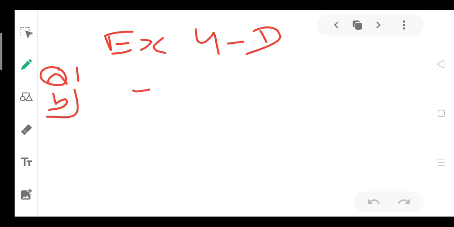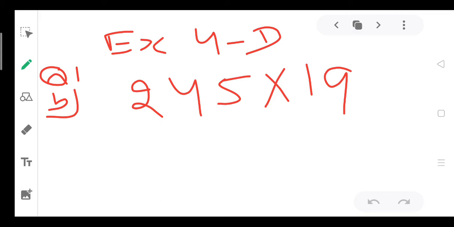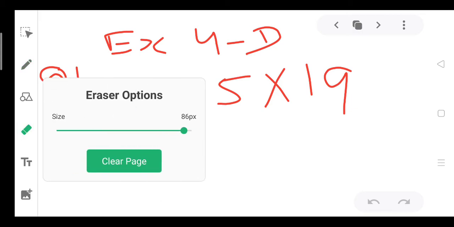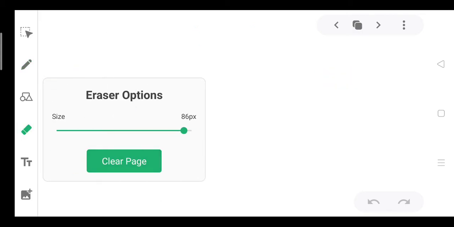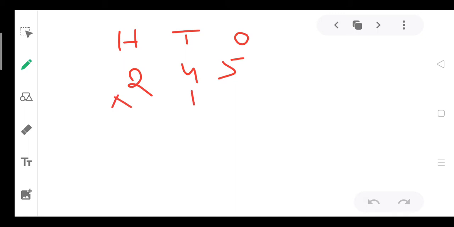B part is 245 multiplied by 19. How we will do this? Firstly, write places at the top. 245 and multiply by 19. Expanded form of 19 is 10 plus 9.